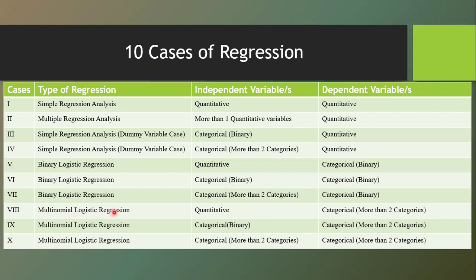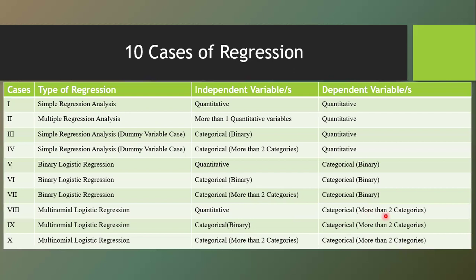Cases 8, 9, and 10 are related to multinomial logistic regression. The difference between binary and multinomial logistic regression is that the dependent variable changes. In binary logistic regression, the dependent variable is binary, while in multinomial logistic regression, the dependent variable is categorical.